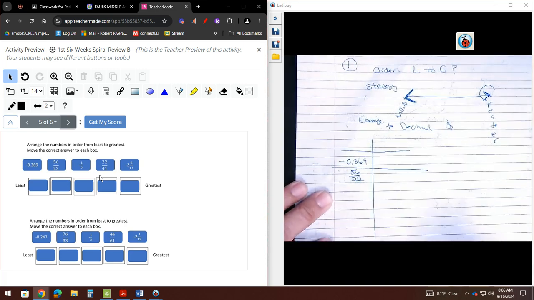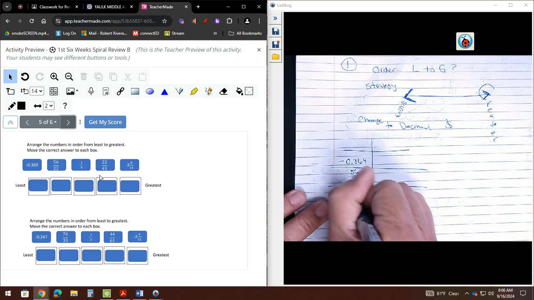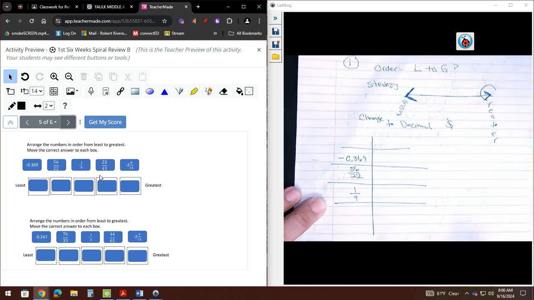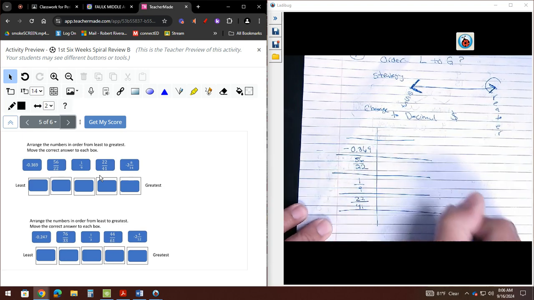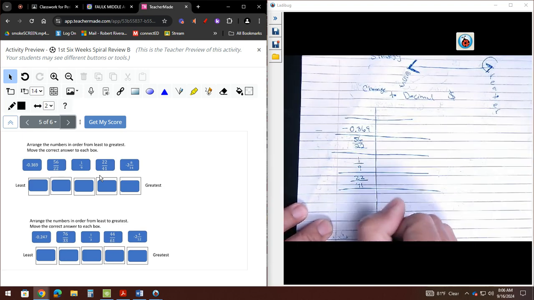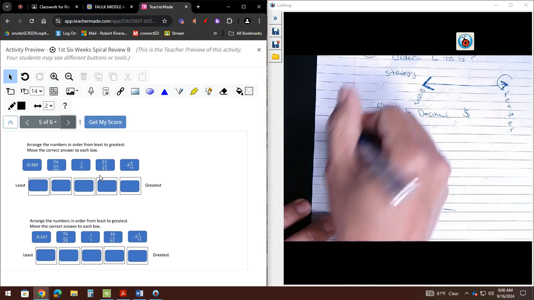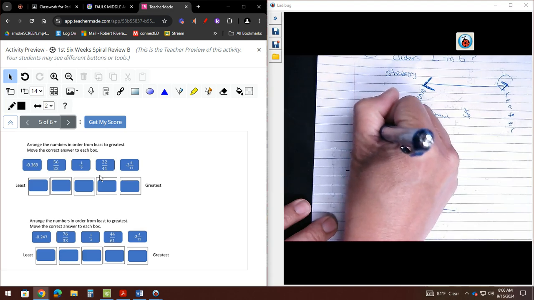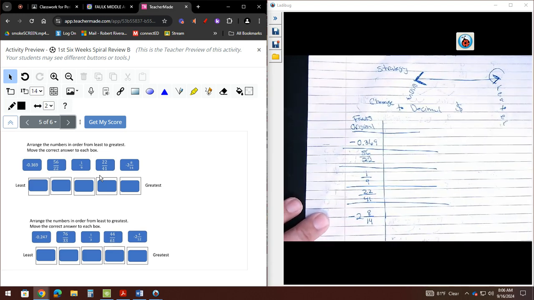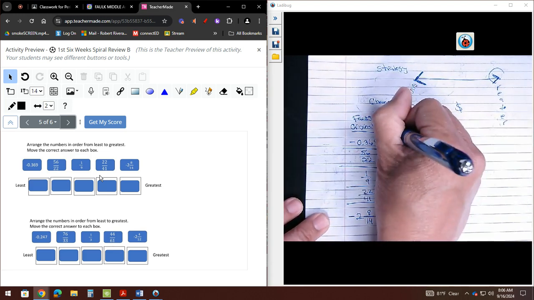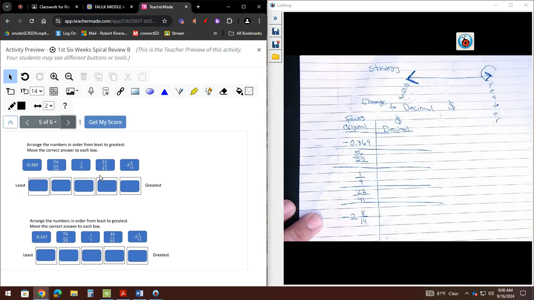And I draw a line like that so you don't get all confused with who's who. 1/9, 22 over 41, and negative 2 and 8/14. Okay, this is the original. These are the facts. And now I'm going to change everything to decimal, but like money.